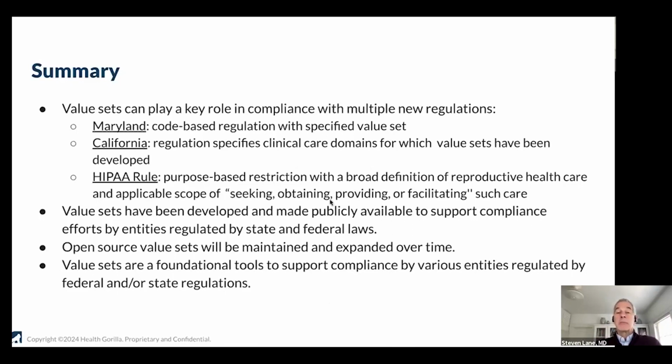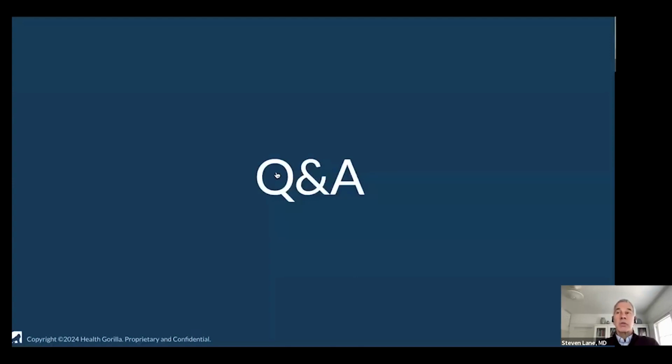These probably should not be built and maintained by individual organizations, but you're always welcome to do that. This is meant to be a gift to the industry so that we can do this in a thoughtful way together. And again, these value sets are foundational tools to support compliance for all of us who are regulated by these rules. So with that, we're going to go into Q&A.